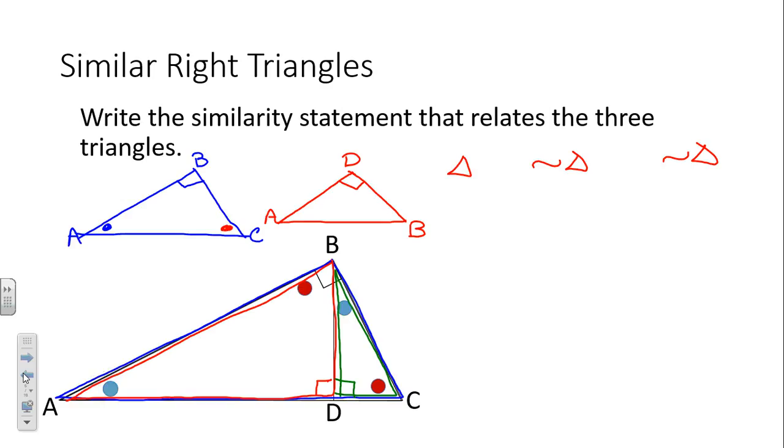Okay? Now let's get the tiny triangle. Okay? The tiny triangle has a 90-degree angle at D again. And it has a blue dot at B and a red dot at C.